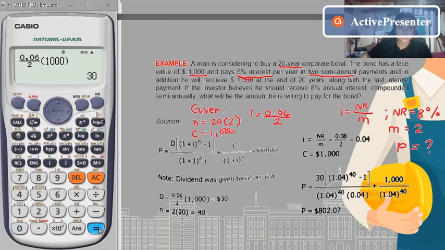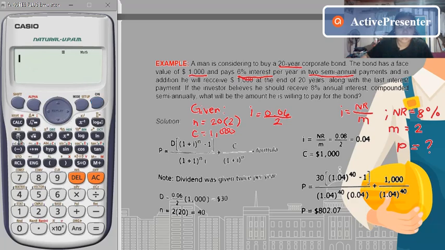Our dividend will be $30 and our N will be 40 since it is given twice per year. Our I will be the nominal rate 0.08 divided by 2, so the interest we use for our formula is 0.04.